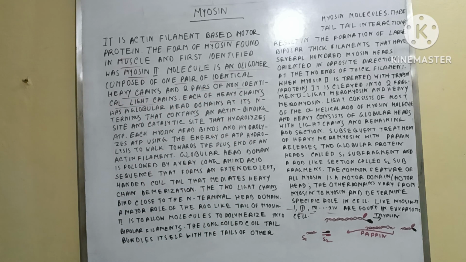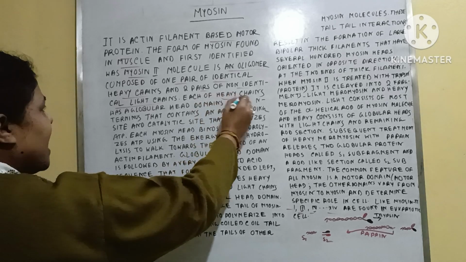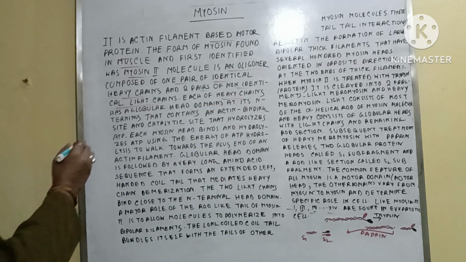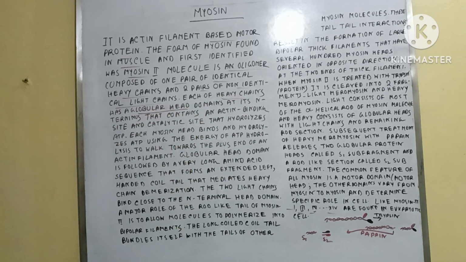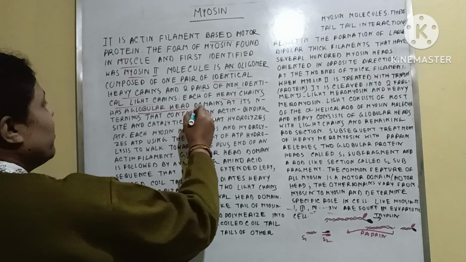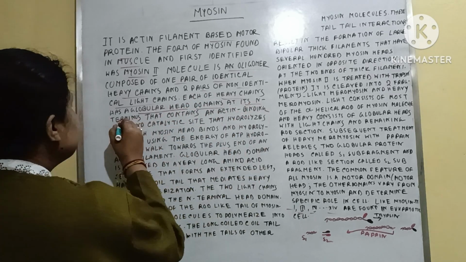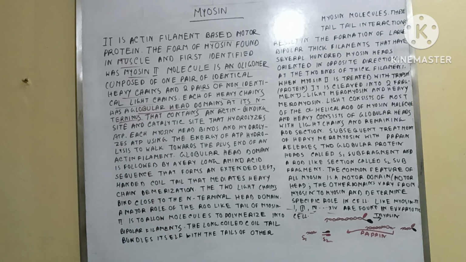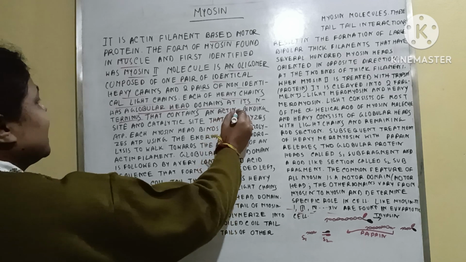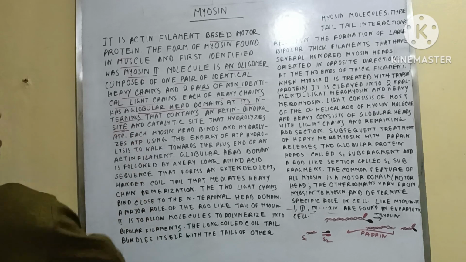Each of the heavy chains has a globular head domain. Where does this domain remain? At its N-terminal region, and it contains the actin binding site.